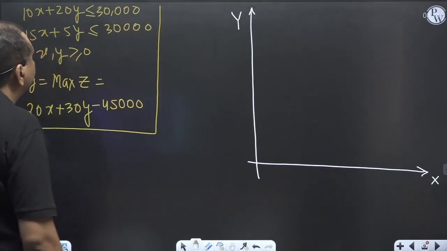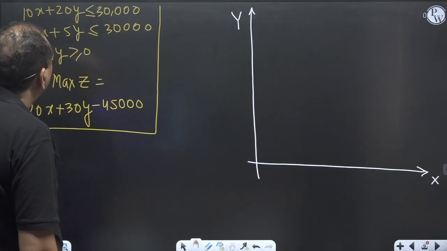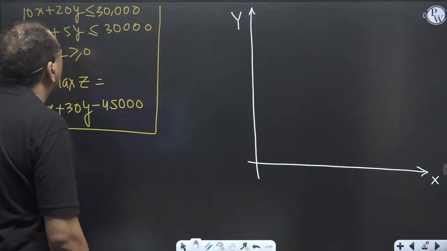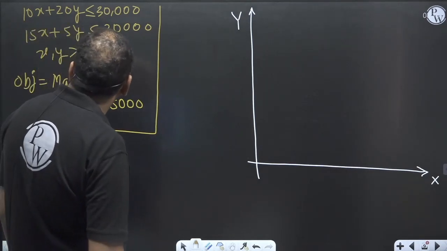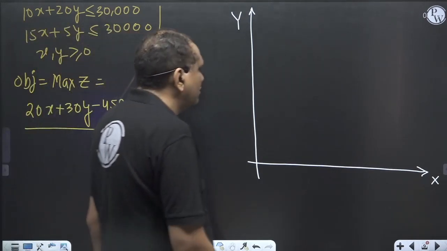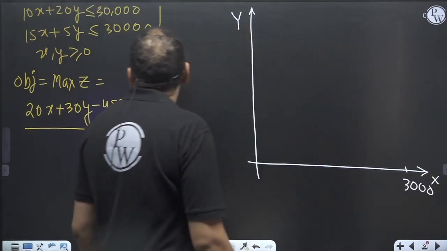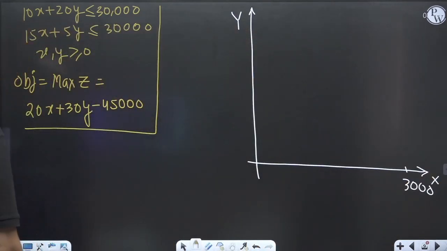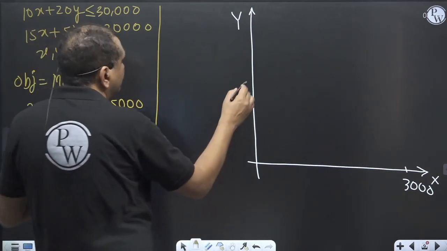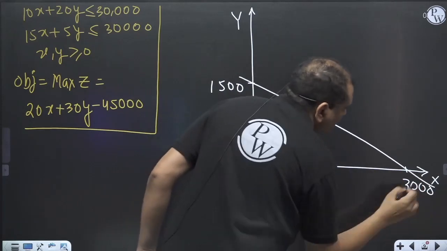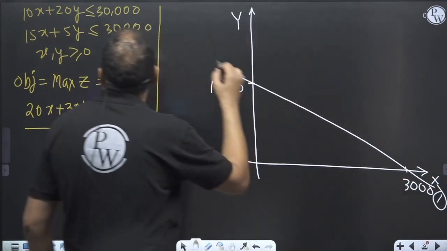Plot this one. So x divided by 3000, correct? Y divided by 1500. Constraint 1.